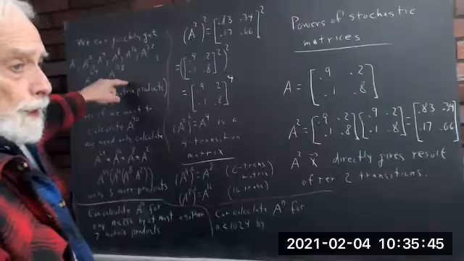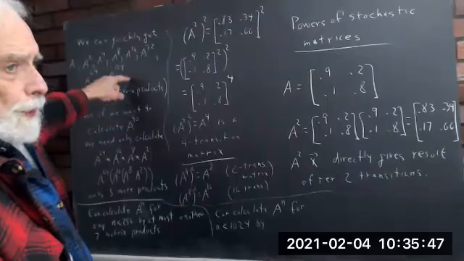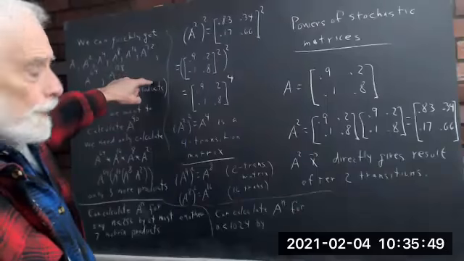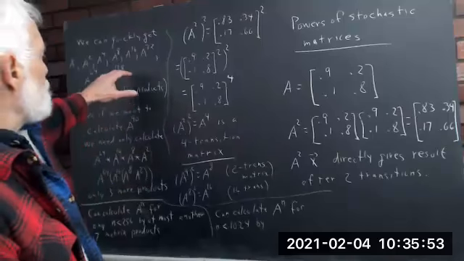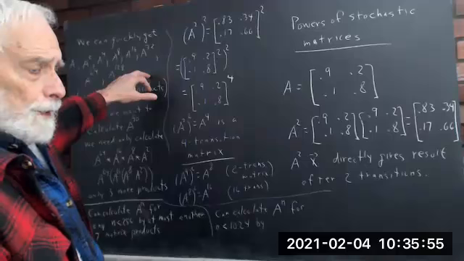If you square this, you get A to the 256th. You square that, you get A to the 512th. And then that's just 2 more matrix products.